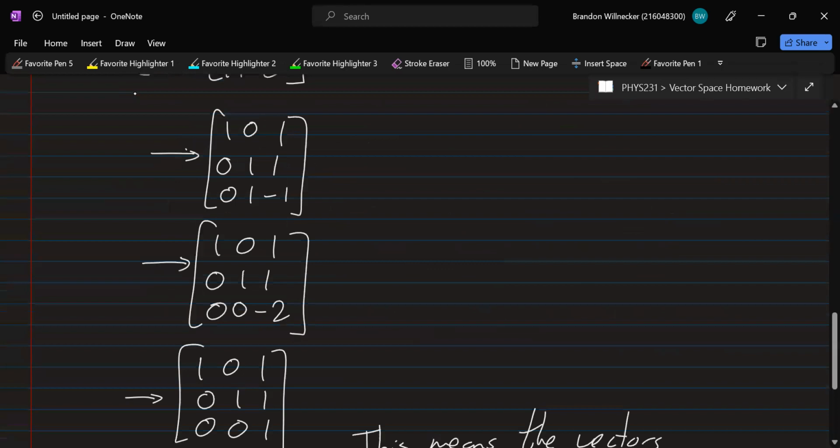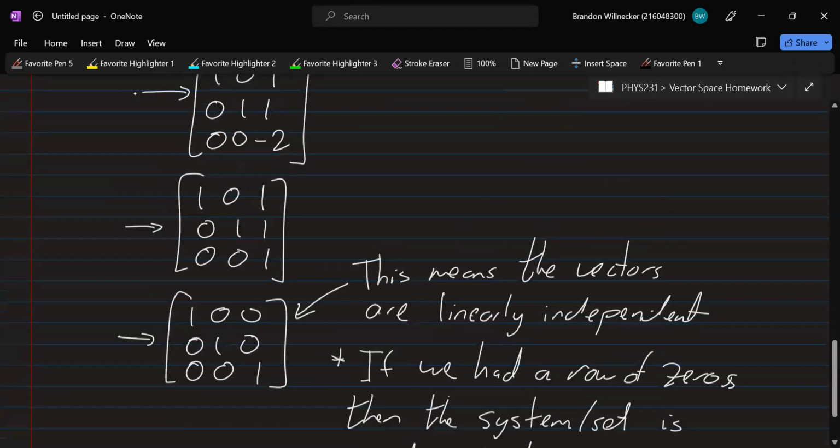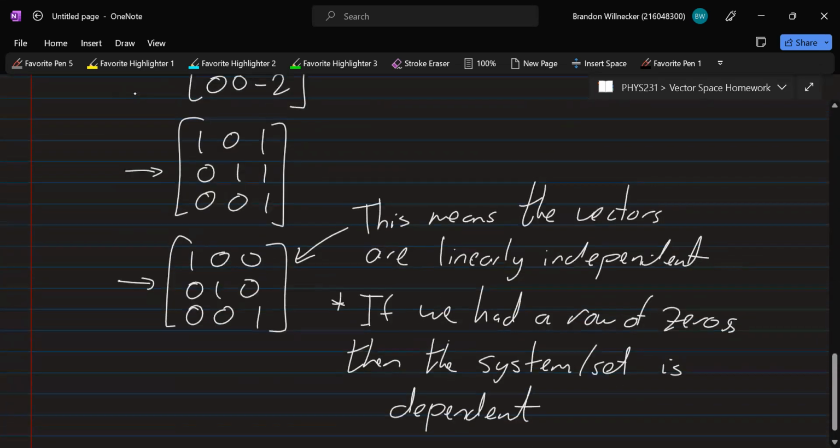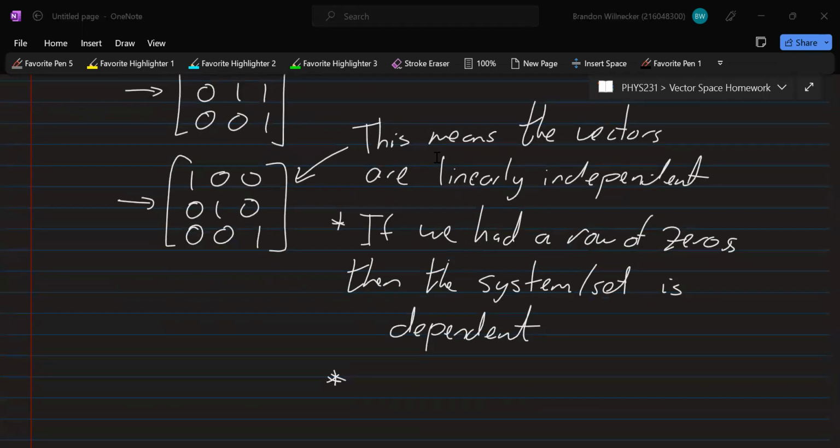We took our original set of vectors, and through vector addition, scalar multiplication, and so on, we got to a new set of vectors, 1, 0, 0, 0, 1, 0, 0, 0, 1. We call that the standard basis. So from one basis, we rearranged it into another basis, which we know is a basis.